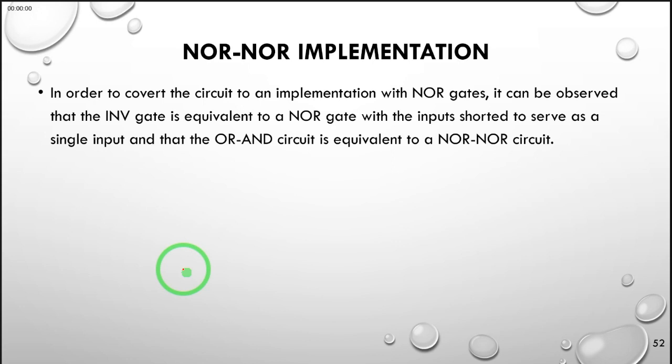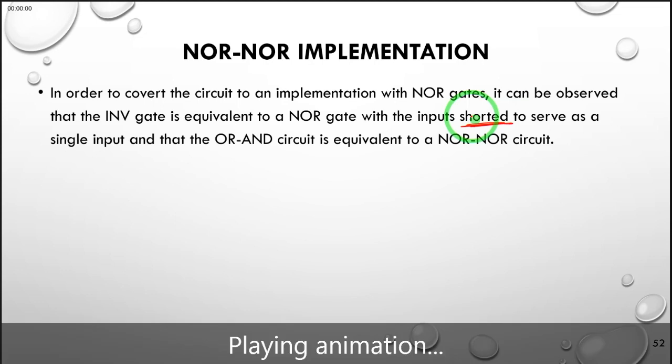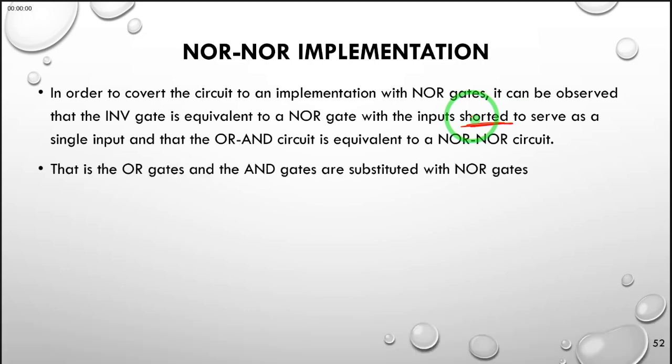In order to convert the circuit to an implementation with NOR gates, it can be observed that the invert gate is equivalent to a NOR gate whose inputs are shorted. That is something I have already said, and that our OR and AND circuit is equivalent to a NOR circuit that we have seen. And therefore, finally, the OR gates and the AND gates are substituted with NOR gates.